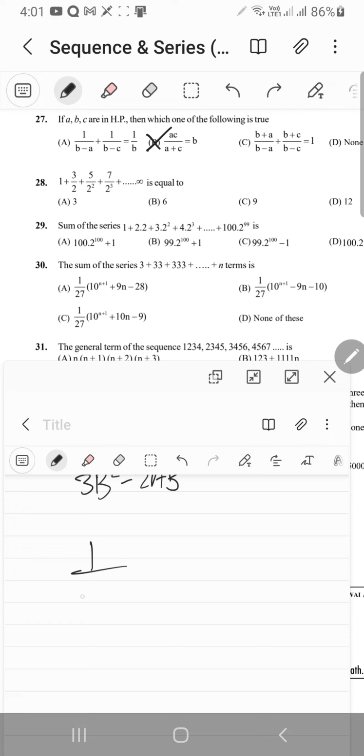So 1 upon capital B minus 1 upon capital A. That will basically be 1 upon this guy, and this guy.